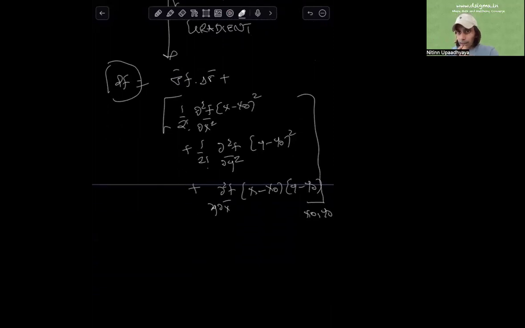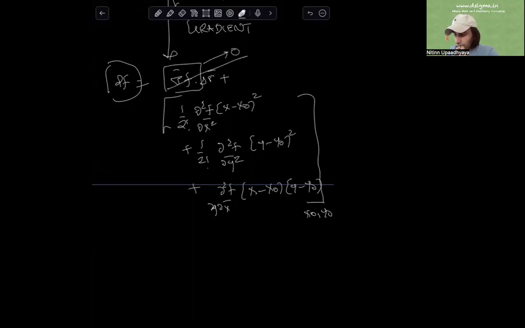Now notice that if you watch the previous video, where we calculated where a function of more than one variable has stationary points, we found that the stationary points happen at the location where the gradient of f is 0, right?